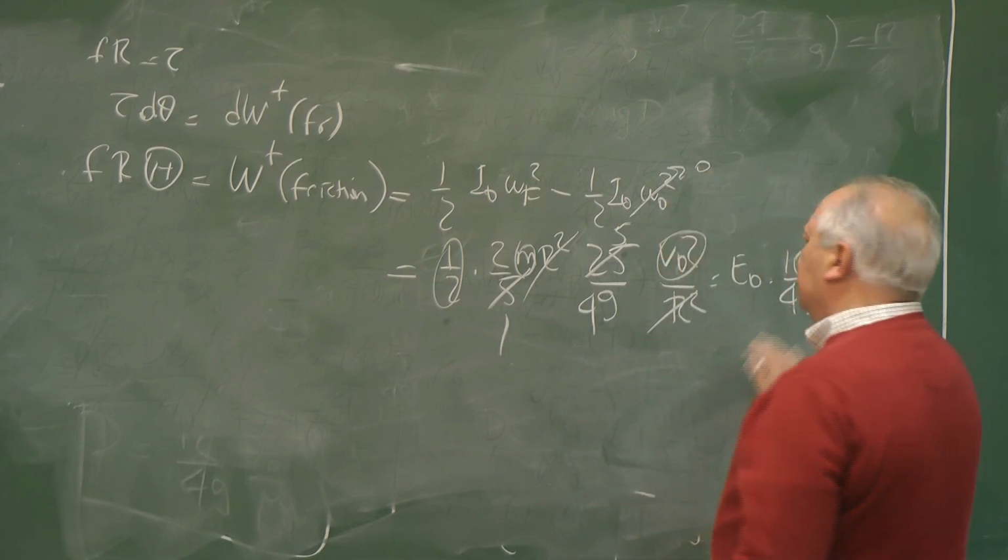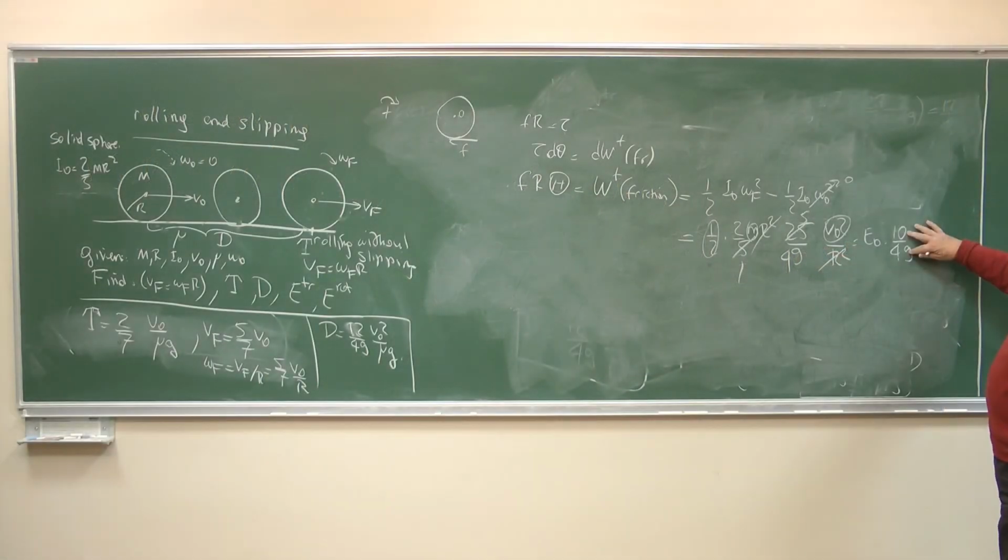So 49 is like 50, so it is 1/5 of the initial energy. So in translational motion, half the energy is lost by friction, but friction adds 20%, 10 over 50, to the rotational motion.